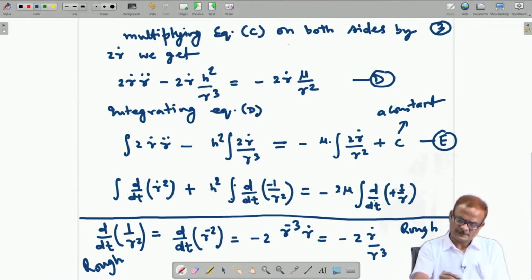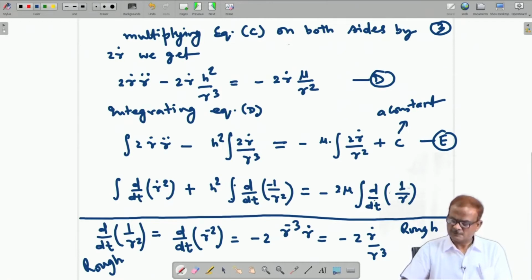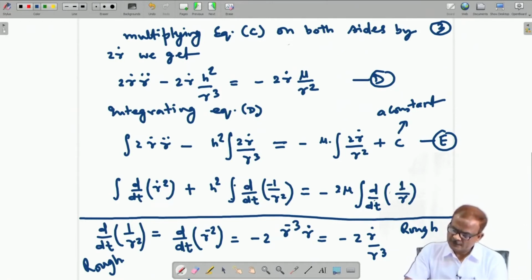So, if we write it in this way, okay. So, from here if we differentiate, this is minus 1 by r square r dot, okay. 2 is already there, mu is already there. So, this minus sign should get to plus, and here we have c.